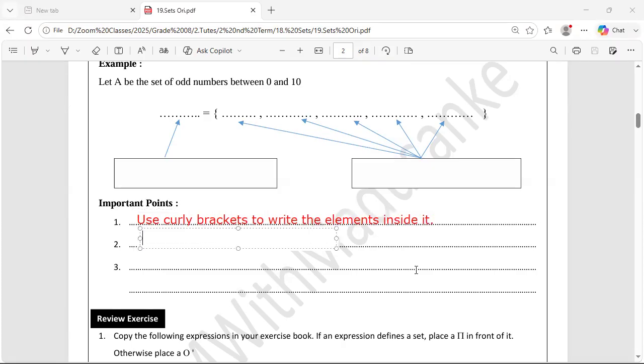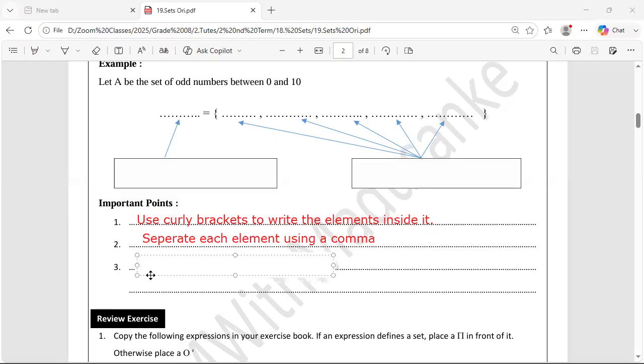Second, as I told you earlier, you can use commas to separate each and every element. So let's write: separate each element using a comma. Third one, as I told you earlier, no element can be repeated.